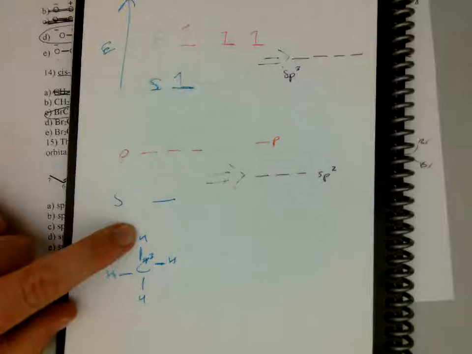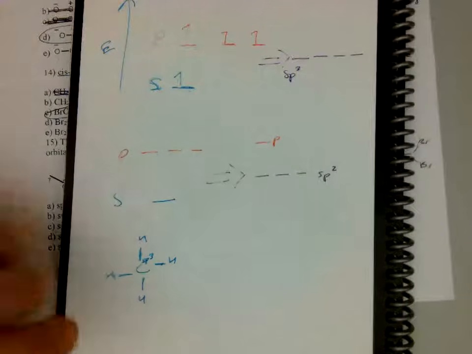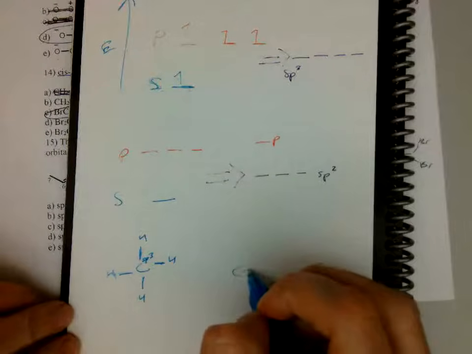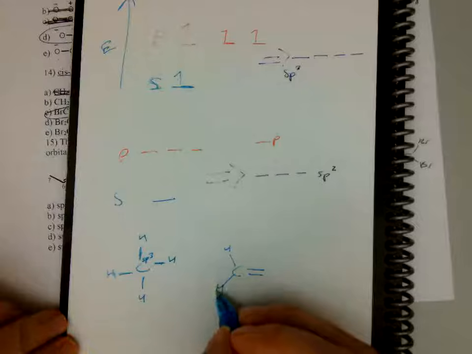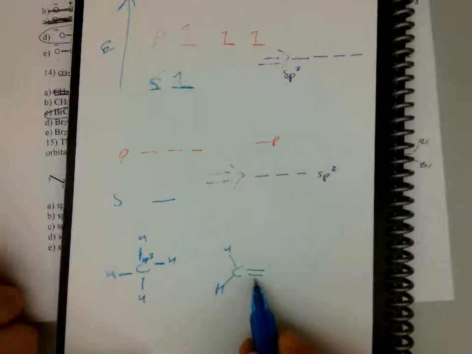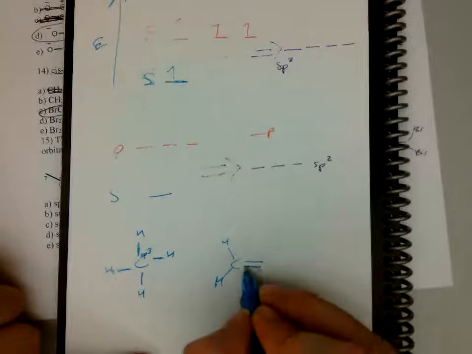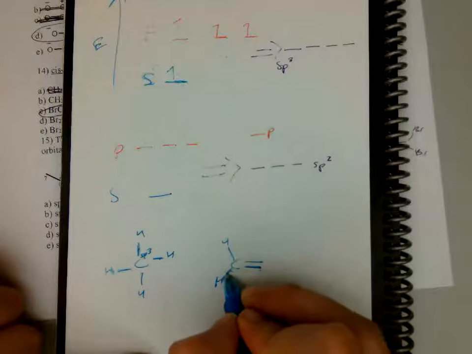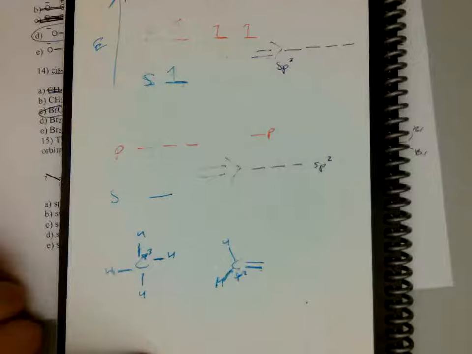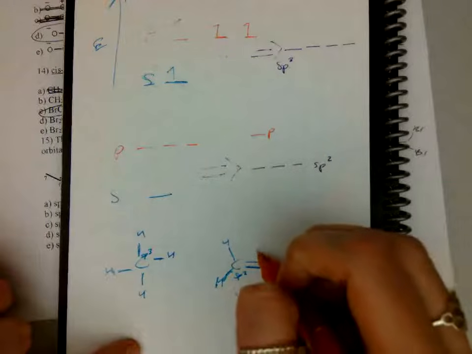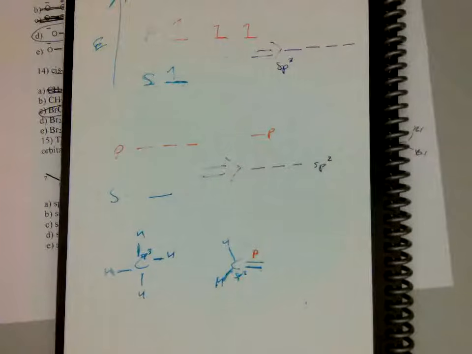Only an s orbital on the hydrogen side, because hydrogen only has 1 electron. If there was a double bond, one of these would be made up of an sp2 orbital, and this pi bond would be the remaining p orbital.